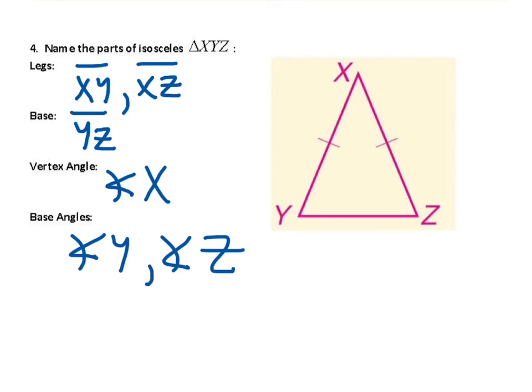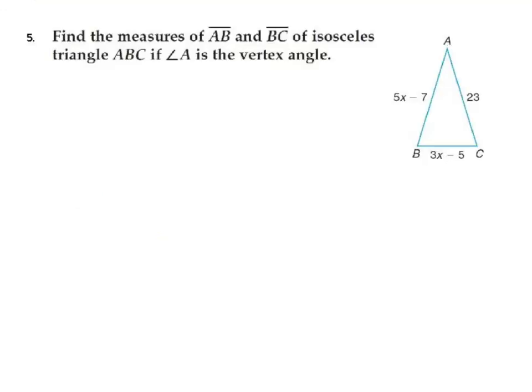Now that we're familiar with the components of an isosceles triangle, we can now do other problems that relate to isosceles triangles. For example, let's look at exercise 5. Here it's asking us to find the measure of segment AB and the segment BC. So since this is an isosceles triangle, we have to be careful with the terminology used.